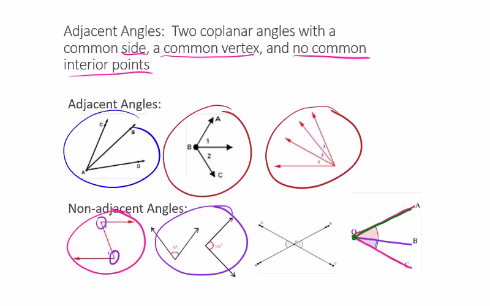However, they also overlap on the interior here. And so that's why those are not adjacent, right? So watch out for that. They should have no common points on the interior. All right, so watch out for those non-examples because they have some elements of adjacent angles, but they don't satisfy all the conditions.